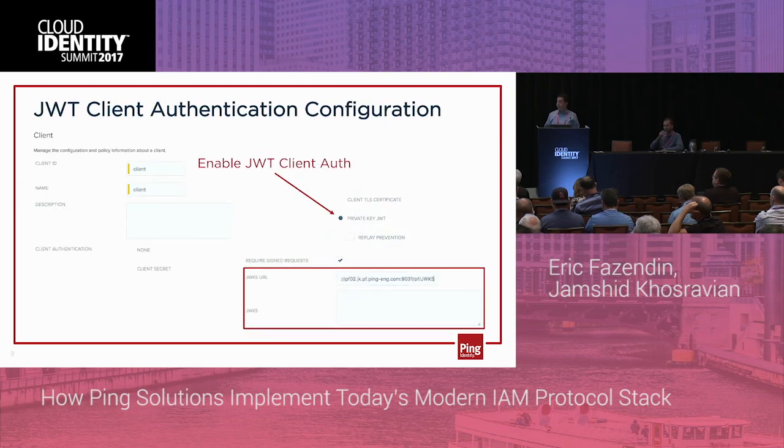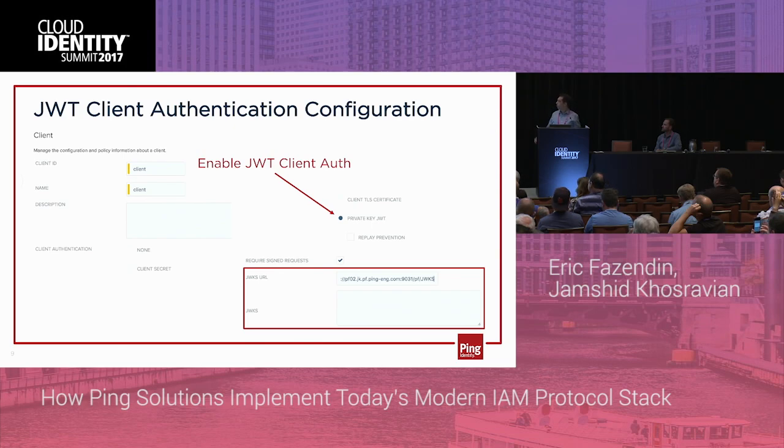So first, let's talk about the client authorization configuration. This is a screenshot of the client management page. What we added here is a way to enable JOT client auths. So right now you'll have 4 options: none, password or client secret, client TLS certificate, or private key JOT.